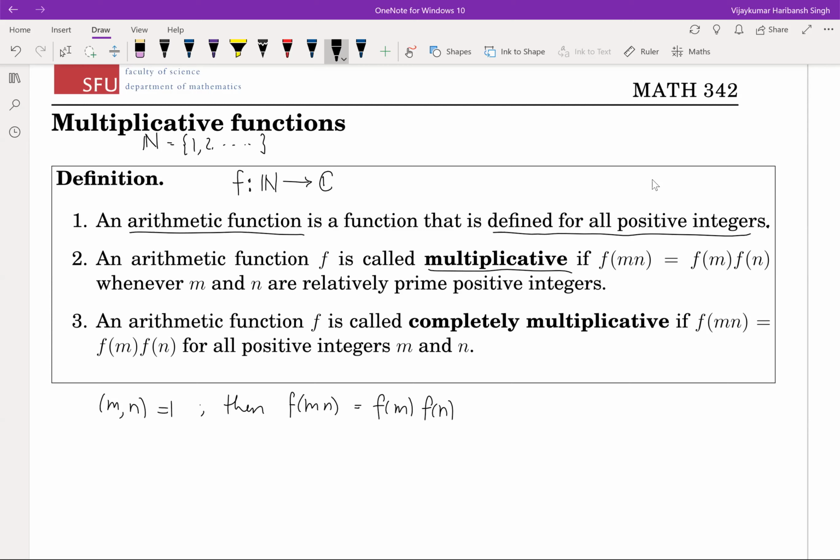A completely multiplicative function is a function such that f of mn is f of m times f of n without having the condition of m and n being coprime. So we'll study the Euler phi function, which is multiplicative.